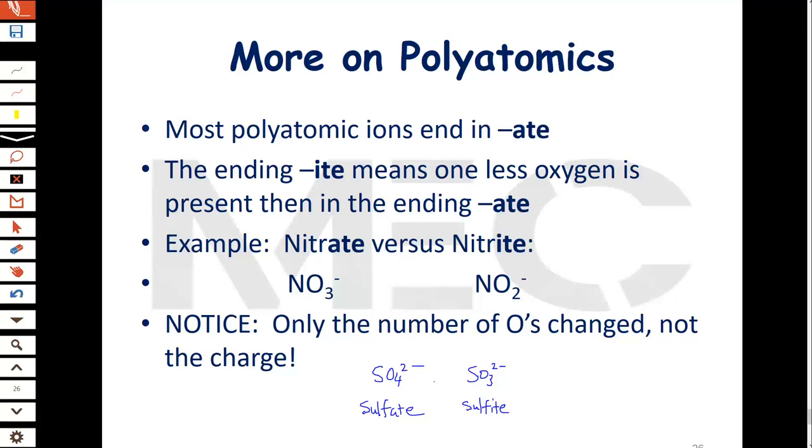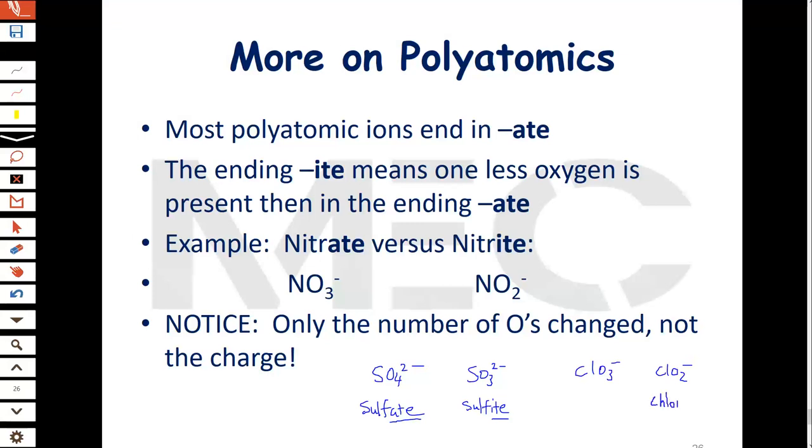So 1 oxygen is less, the name is changed from ATE to ITE. The same case applies for phosphate, PO4 3 minus, and PO3 3 minus, which is phosphite. And the same case applies for ClO3 minus, which is chlorate, and ClO2 minus, which is chlorite.